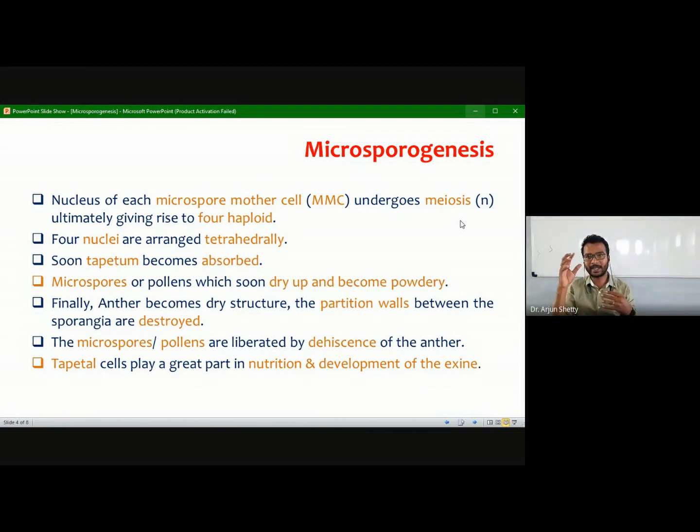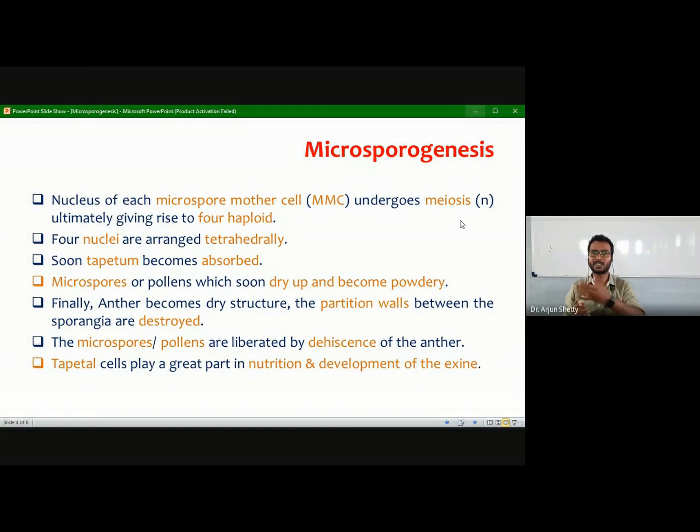Once the tetrahedral arrangement of microspores is seen, the tapetum is going to degenerate. The tapetum is going to lose its existence. Then the microspores, or pollen grains, are going to dry up, because until maturation and growth they need nourishment, whether moisture or nutrients, from the tapetum.